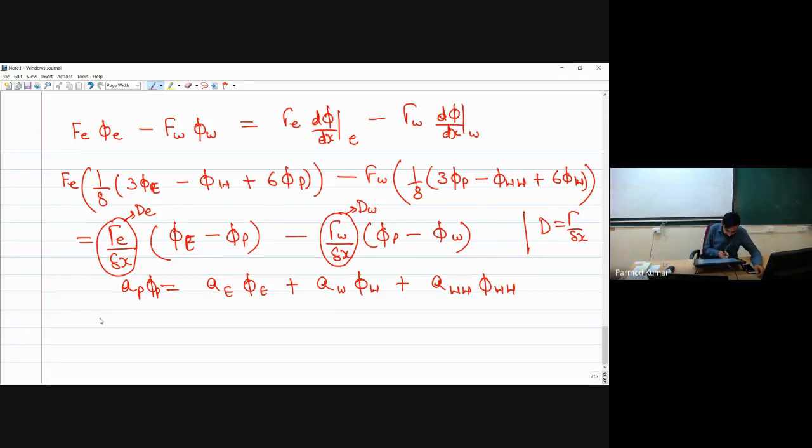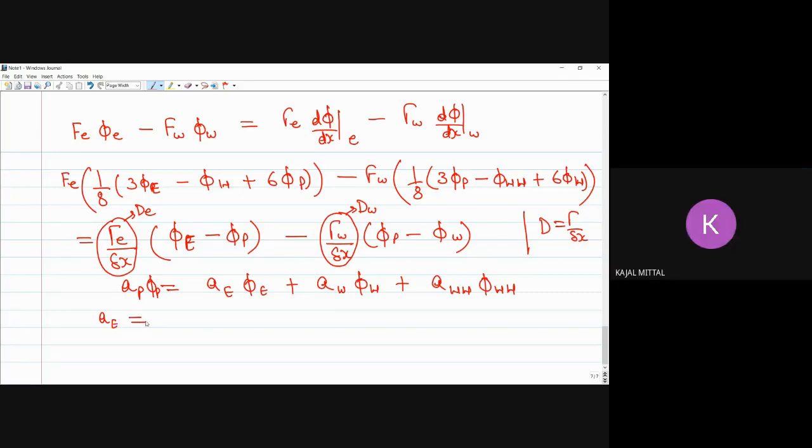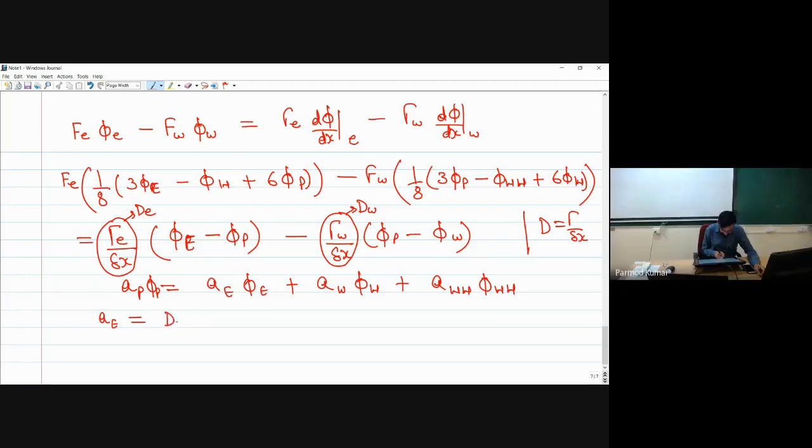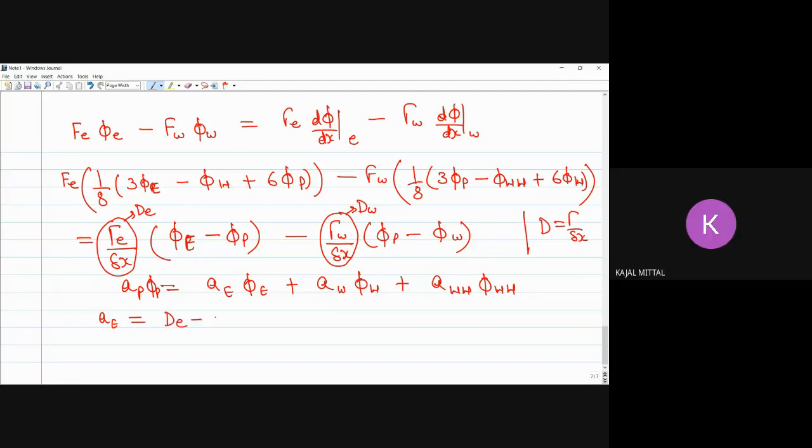What will be the value of AE? It should be DE minus 3 FE by 8.